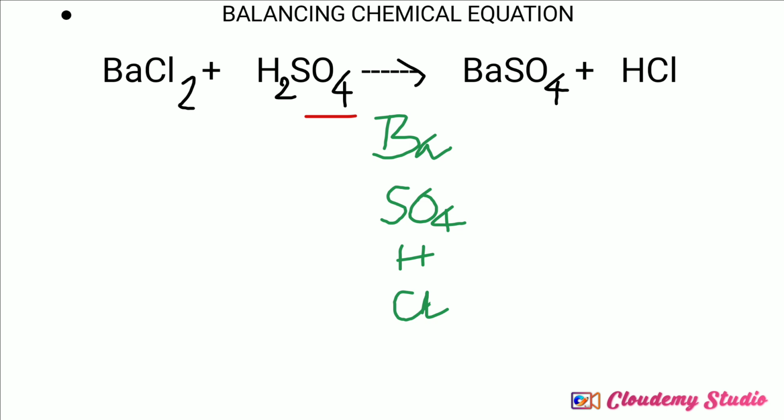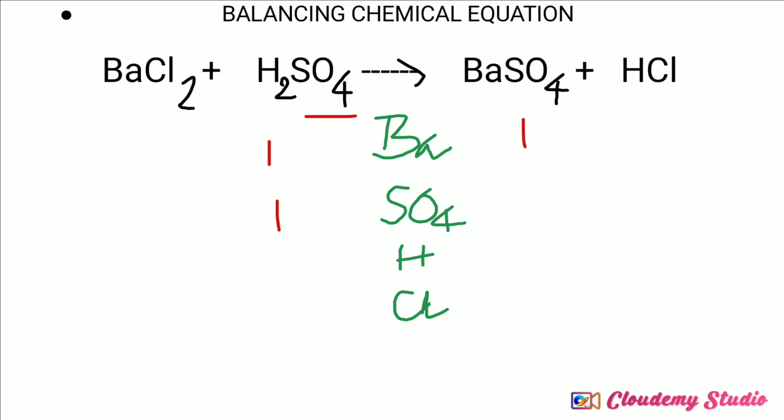Now let's check the atoms present on the left hand side as well as the right hand side. Barium at the left hand side, how many atoms are there? Only one. Barium at the right hand side also, only once. Sulfate radical at the left hand side, only once.